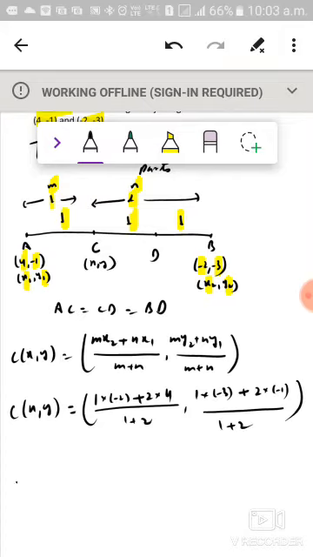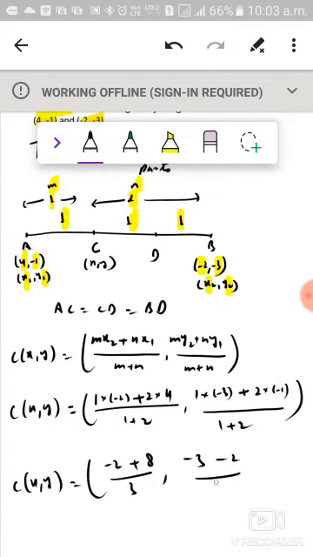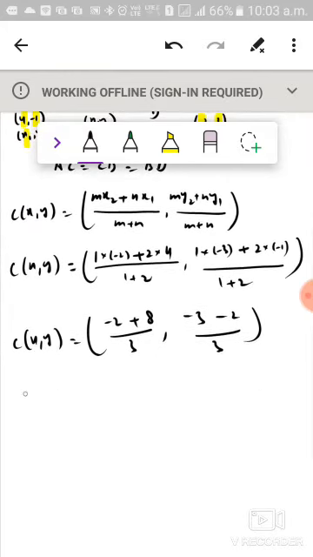So C, x comma y, equals 1 into minus 2 is minus 2, plus 2 into 4 is 8, over 1 plus 2 is 3, comma 1 into minus 3 is minus 3, 2 into minus 1 is minus 2, over 2 plus 1 is 3. So C, x comma y, equals 8 minus 2 is 6, 6 by 3, comma minus 5 by 3, and 3 into 6 is 2.